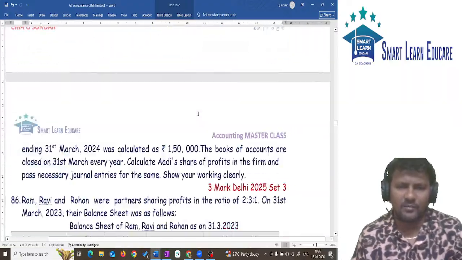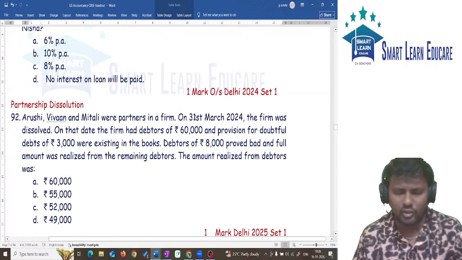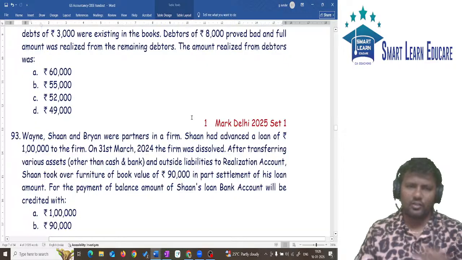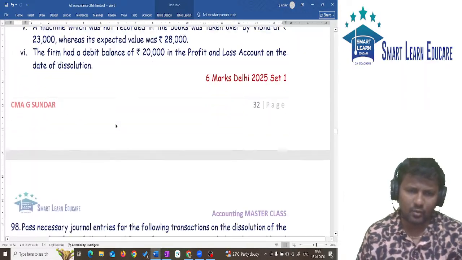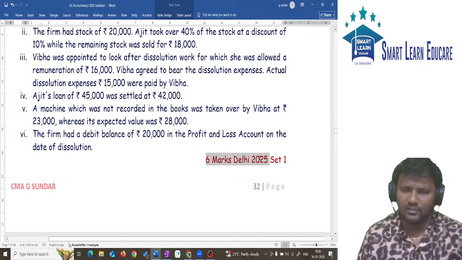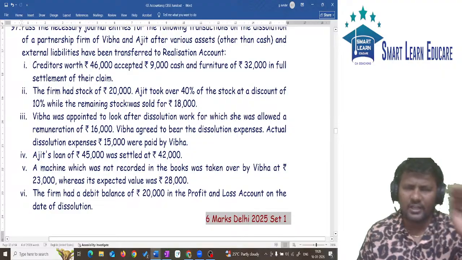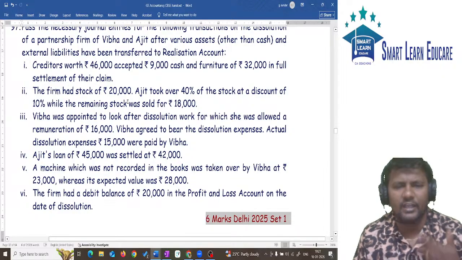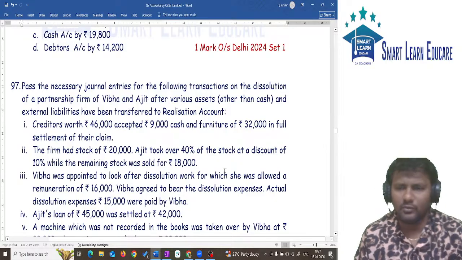Once death of partner is completed, we will have an important discussion about dissolution of firm. We will discuss dissolution in detail. In dissolution, a 6 mark question is consistently asked, also a one mark question as usual. The same type of 6 mark question is asked again and again in dissolution, so we will definitely discuss that.